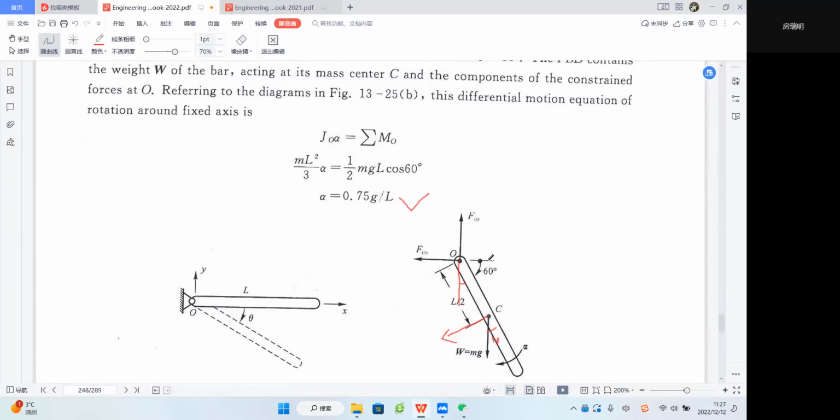We also can think about this method. We draw mg, and we try to figure out some length. Here, 60.